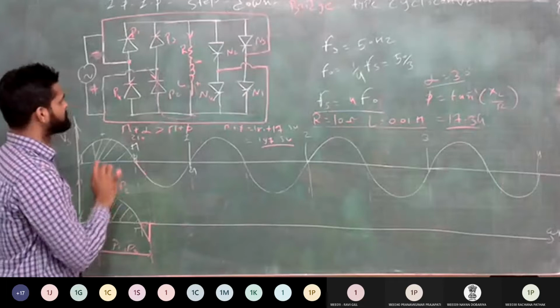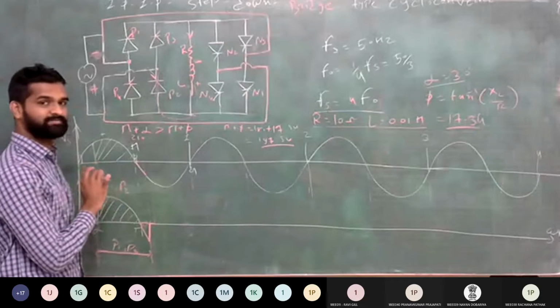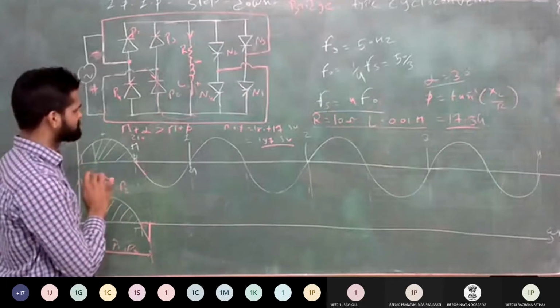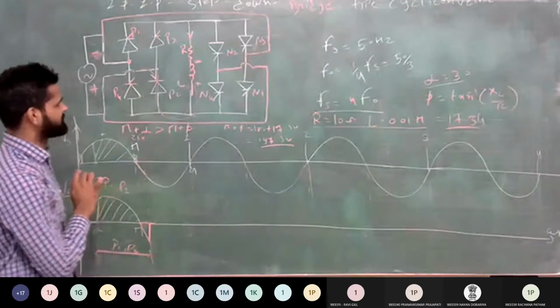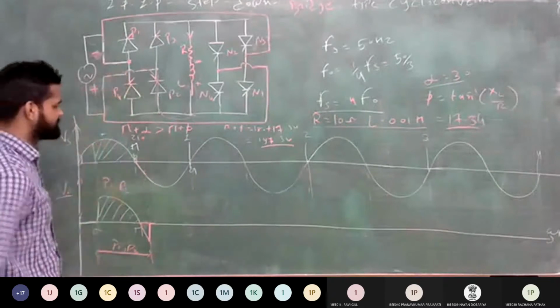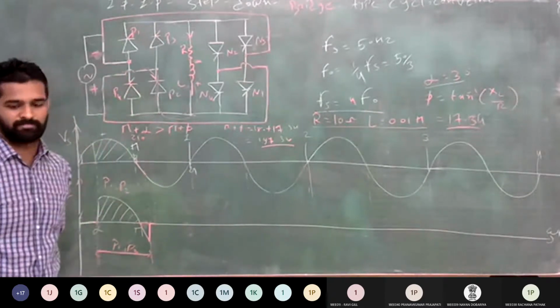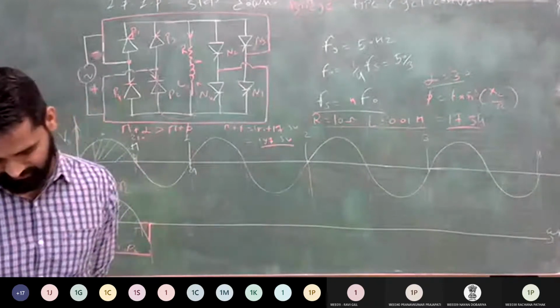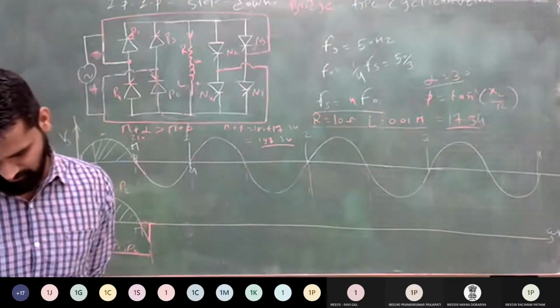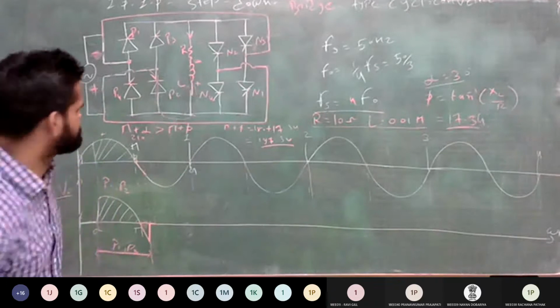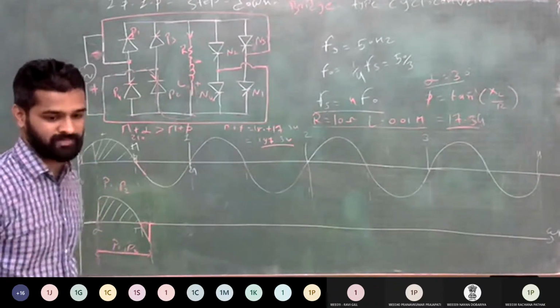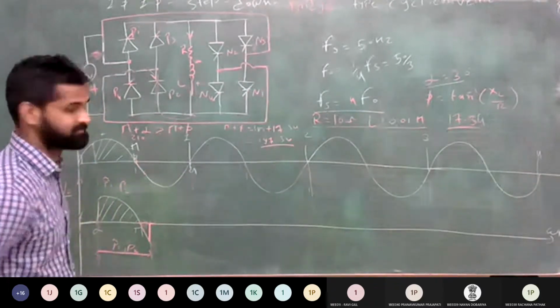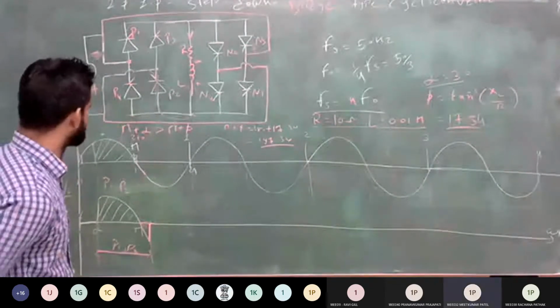Clear? How do you get the positive voltage for the negative cycle of supply? Yes, anyone? P3, P4.